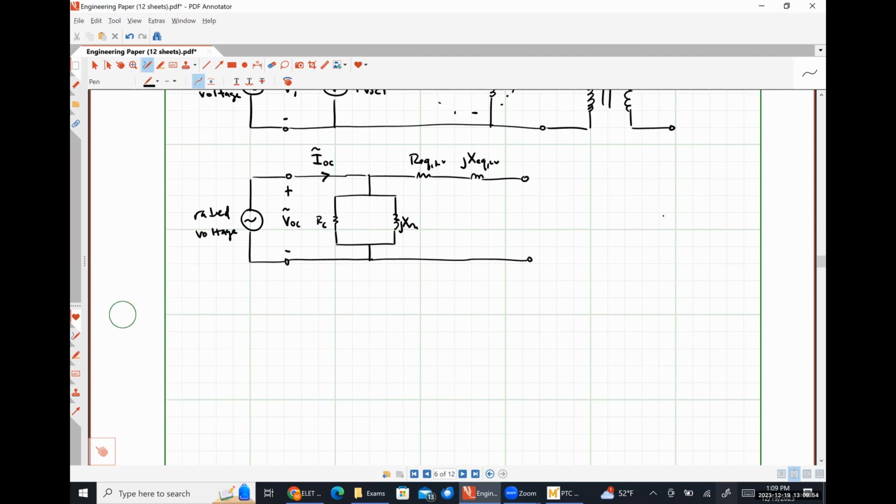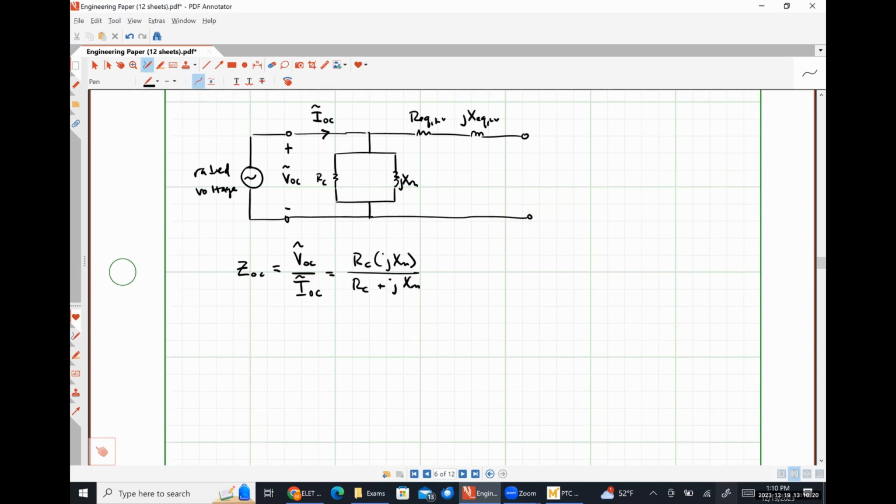So the impedance ZOC is going to be the ratio of our open circuit voltage to our open circuit current, which is going to be RC times JXM divided by RC plus JXM.